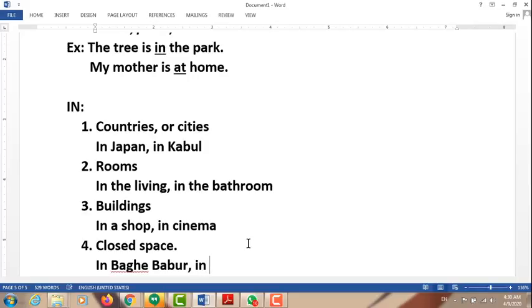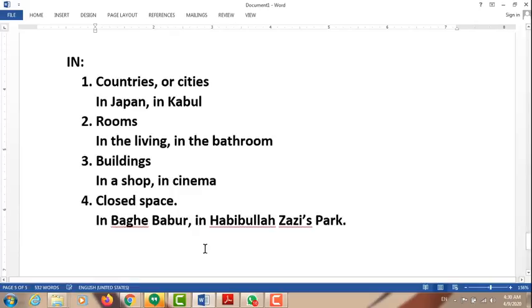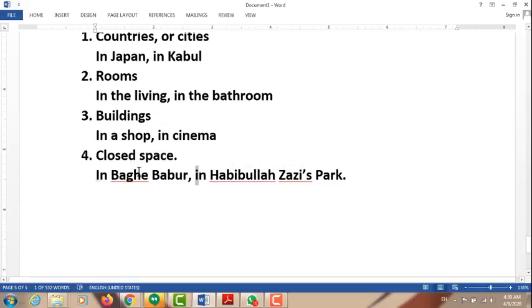Okay, and in Habibullah Zai's park. Yes. So this is also a park. So parks and gardens are closed places. Okay. So what is a closed space, like a park or a garden? Park or a garden.